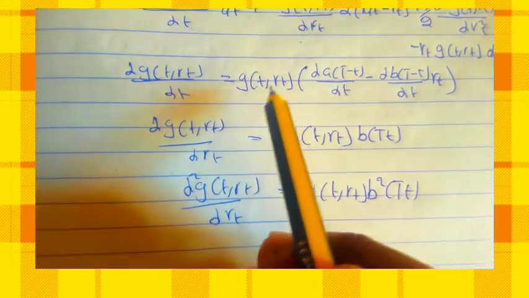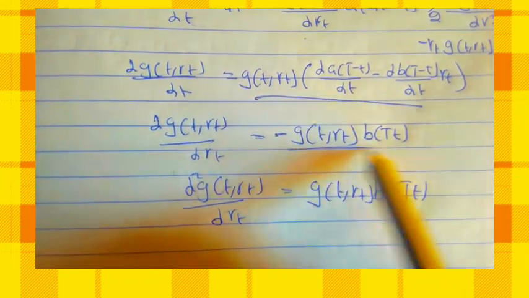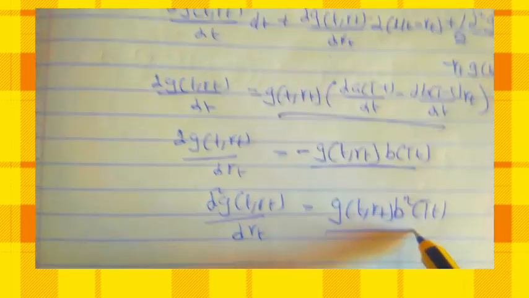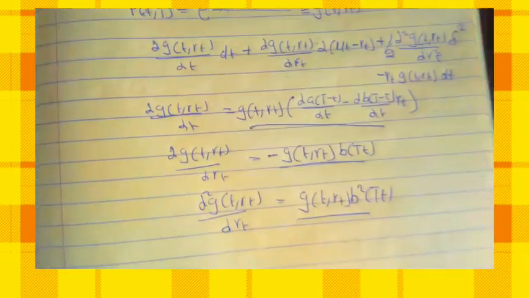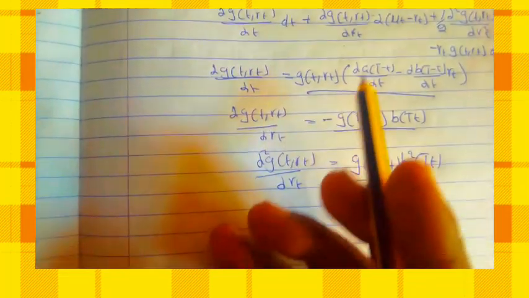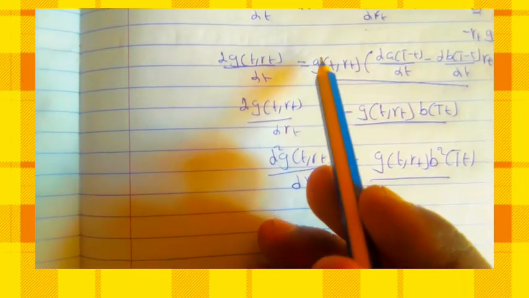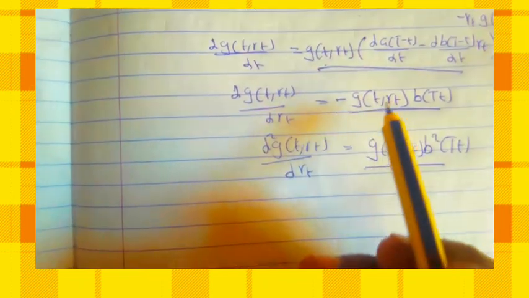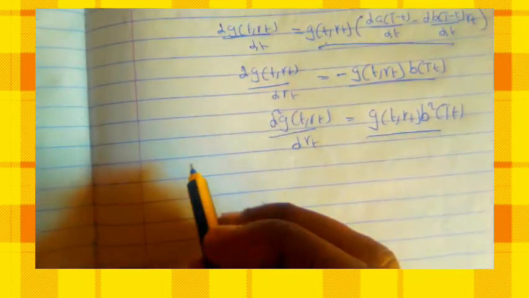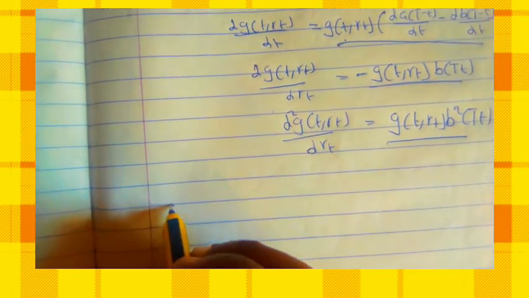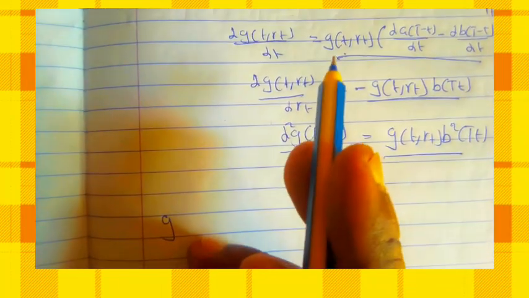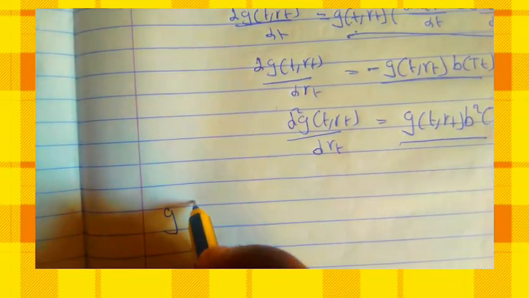So here we have this part, and this part of the Ito's lemma. Because already we have g(t, r_t) as common, we can factor out g(t, r_t).